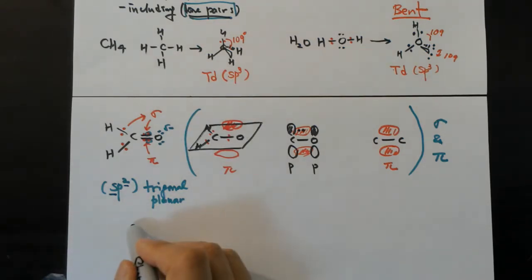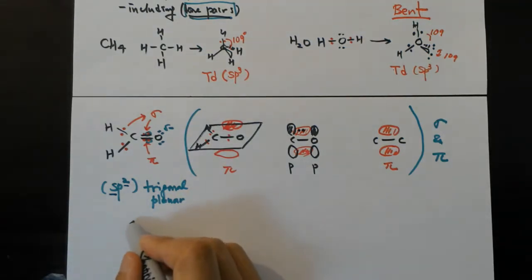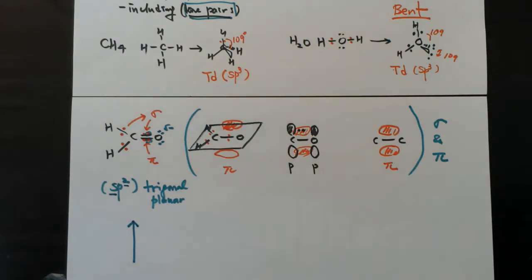Carbon in the valence shell has second shell s and second shell p, and you mix 1 s and 2 p's, and you make 3 sp2 hybridized orbitals.